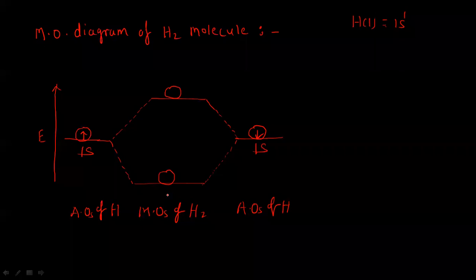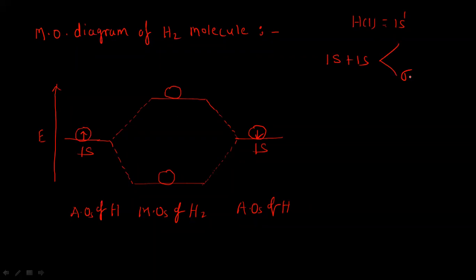Now give the designation to the molecular orbitals. As this molecular orbital is formed due to the overlapping between 1s atomic orbitals, it is the sigma 1s bonding molecular orbital. And the antibonding molecular orbital we write as sigma star 1s.